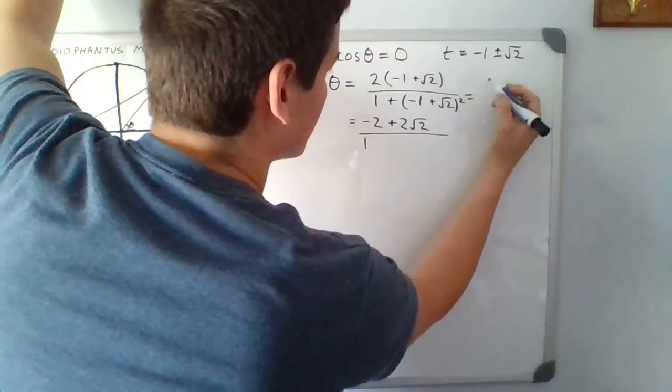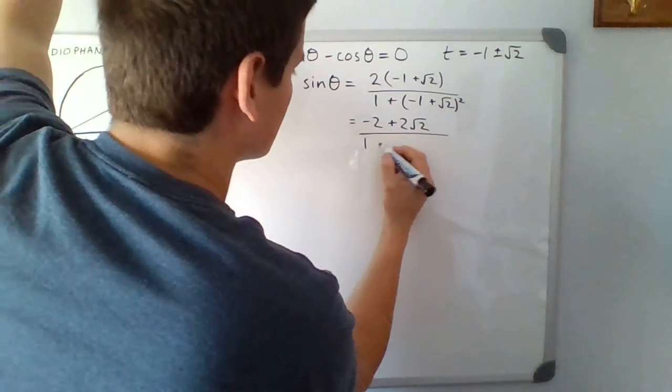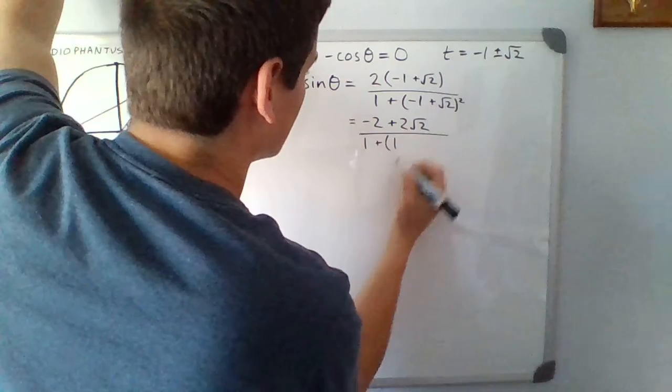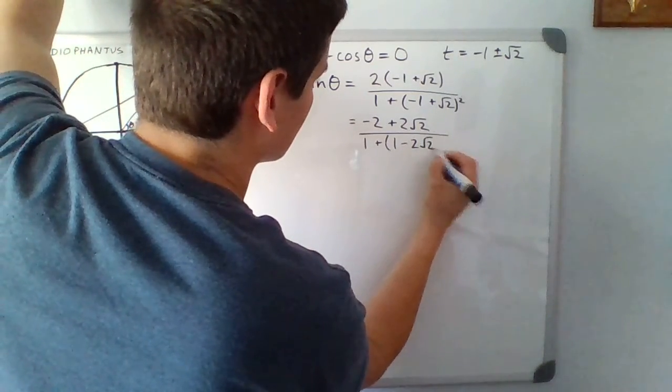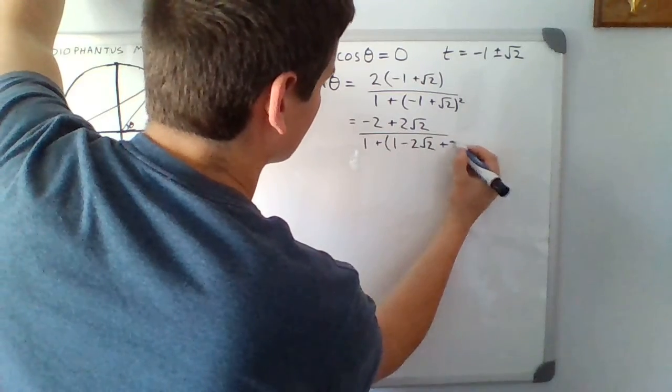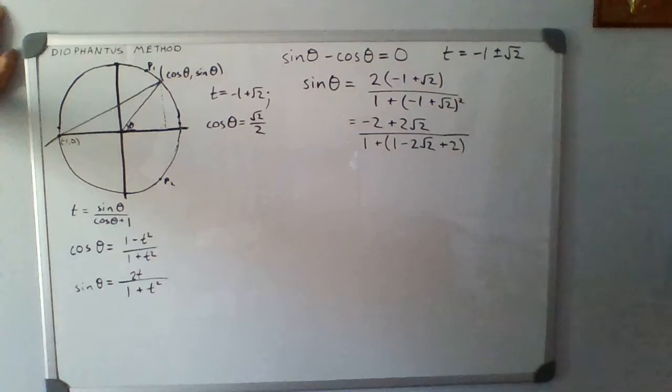So that squared is going to be plus 1 minus 2 times the square root of 2 plus 2.